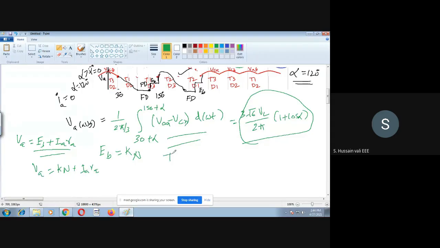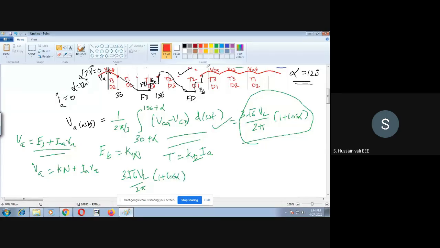And one more thing is the torque expression you recall is some constant K1 or K2. If you take this as K1, this is K2, then IA, because this is a separately excited DC motor. So using these two, substitute this here. VA is 3 root 6 VL by 2 pi into 1 plus cos alpha. I want you to cross check this.